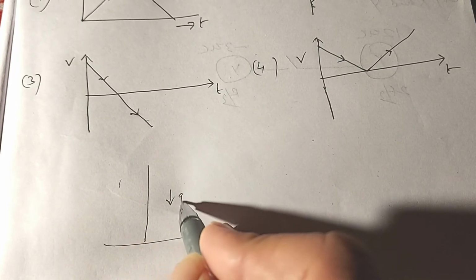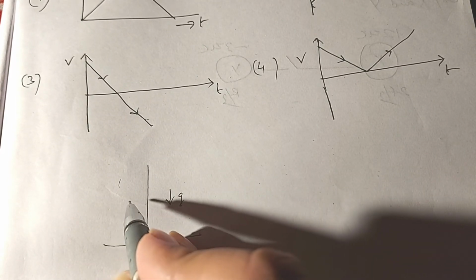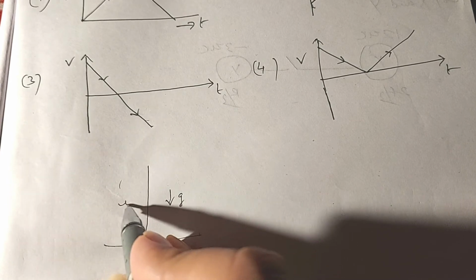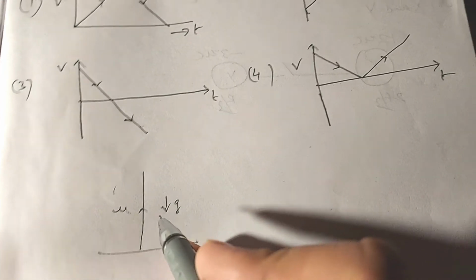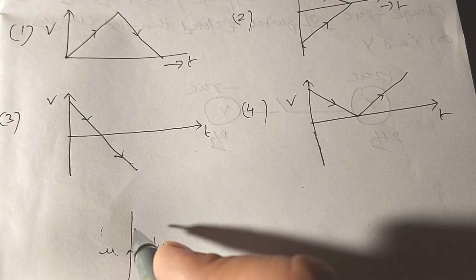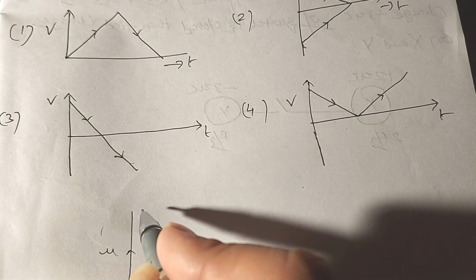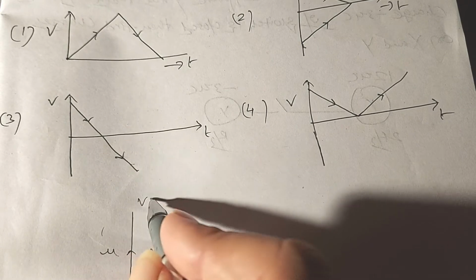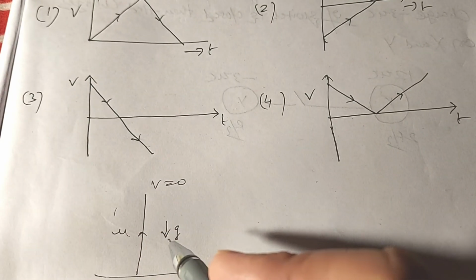Gravitational force is vertically downward, velocity is vertically upwards. So what happens here, its velocity gradually decreases with respect to time and becomes 0 at maximum height.